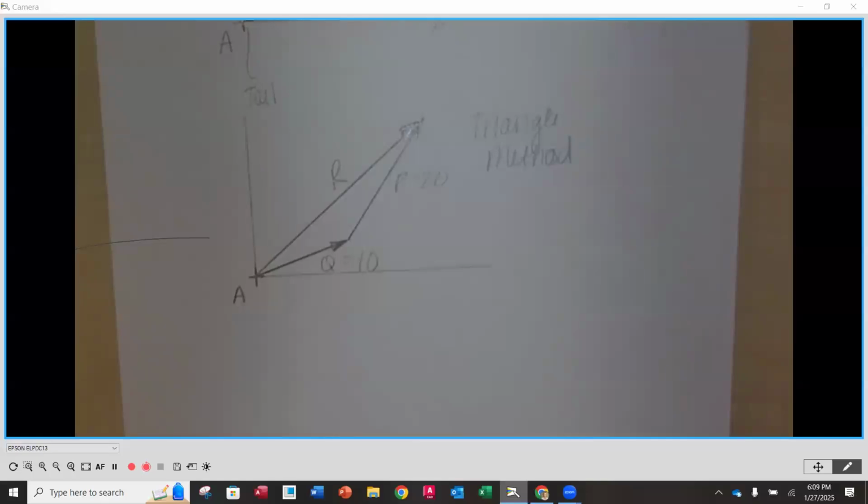Because it's what type of quantity? Starts with a V. It's a vector quantity, right? Remember, vectors have both magnitude and direction. We cannot algebraically add them together. We can't say Q plus P is equal to our resultant unless they are along the same line of action, meaning they're all vertical, or all horizontal, or all along the same line of action.